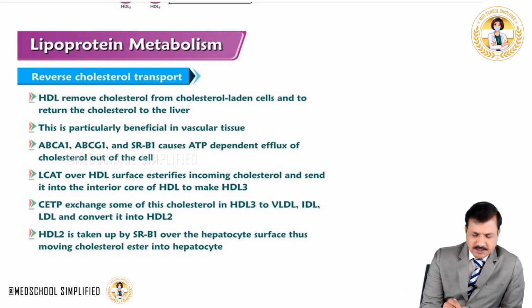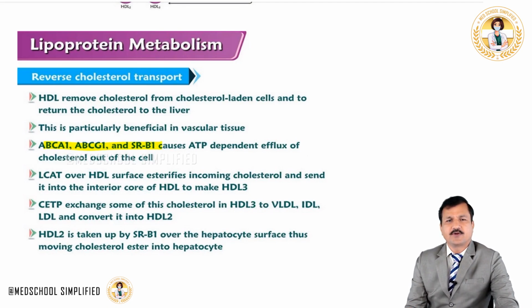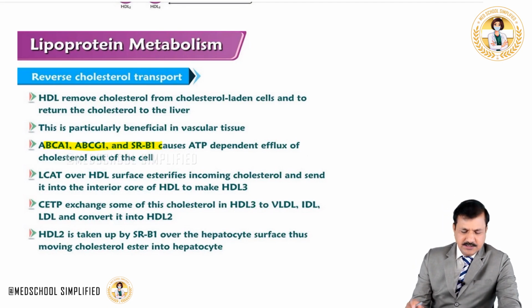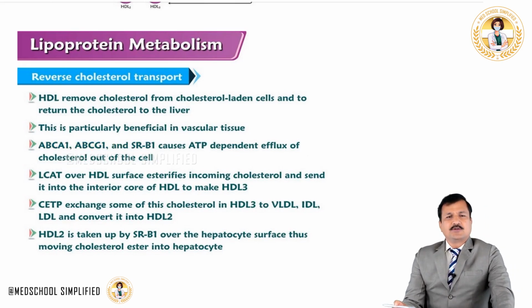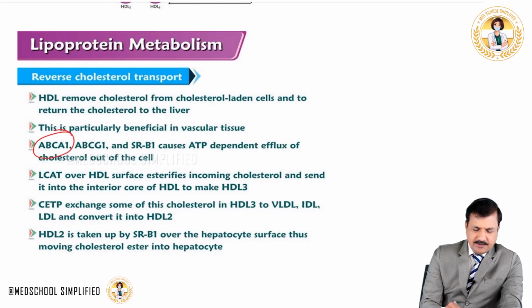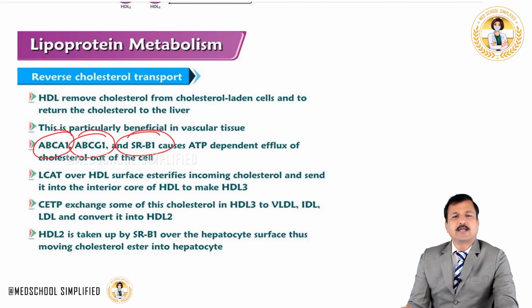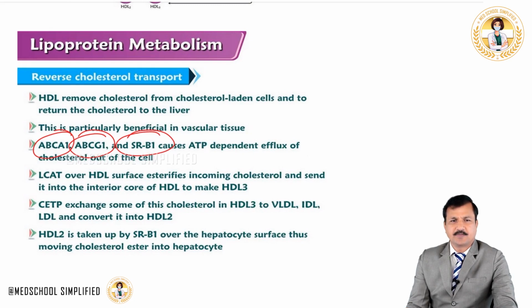The transporters that do the efflux of cholesterol out of the peripheral tissue which accumulates that cholesterol are the ABC-A1 transporter, ABC-G1 transporter and SRB1 transporter. These are ATP dependent cassette transporters which will do efflux of cholesterol out of the cell.